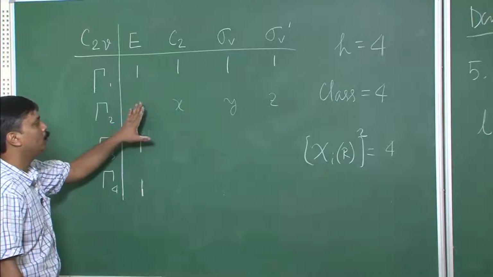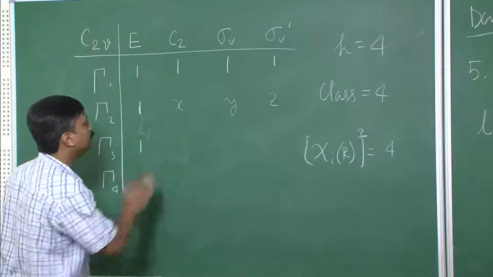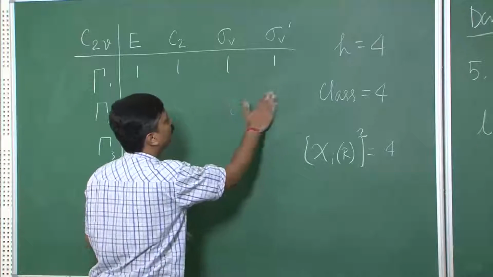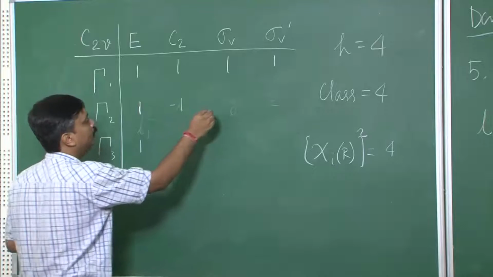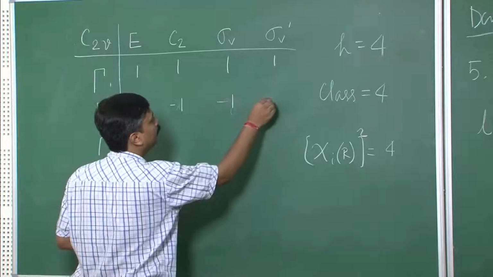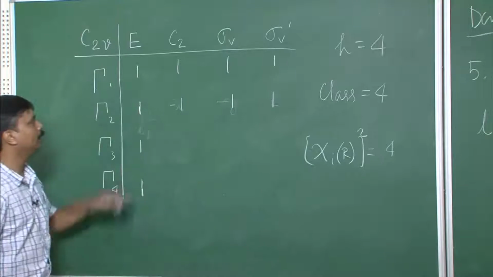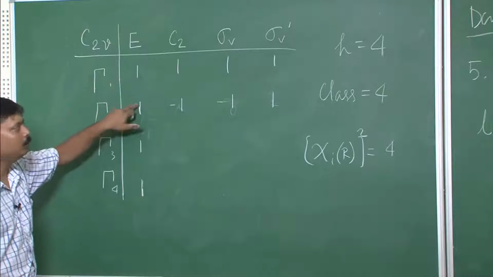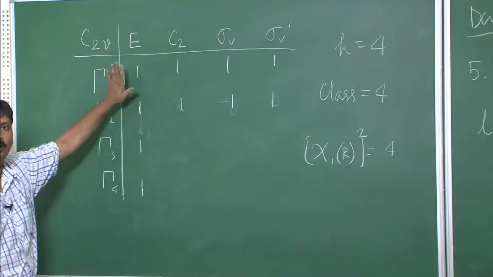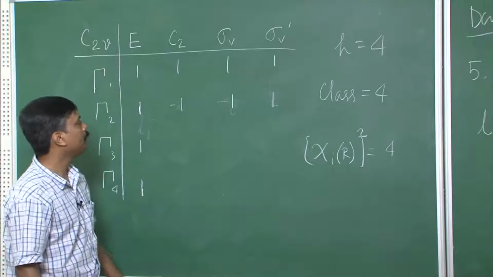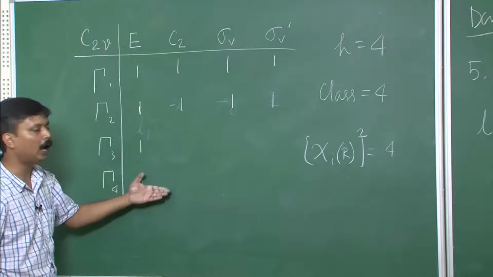So, without worrying about anything else, I can just arbitrarily put minus 1 here, minus 1 here, plus 1 here, and then 1 into 1, 1 into minus 1, 1 into minus 1 and 1 into 1. So, I get orthogonality verified. Now I have to find out the other two.